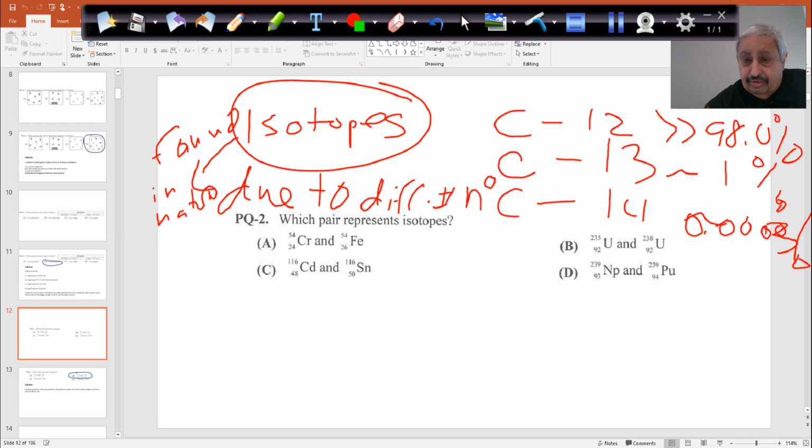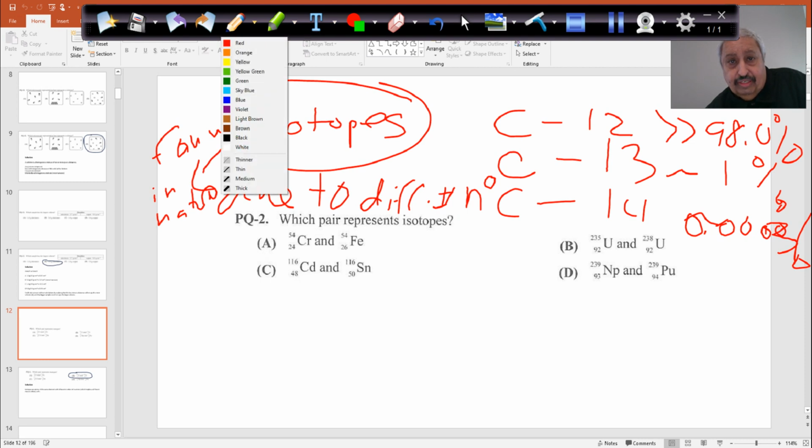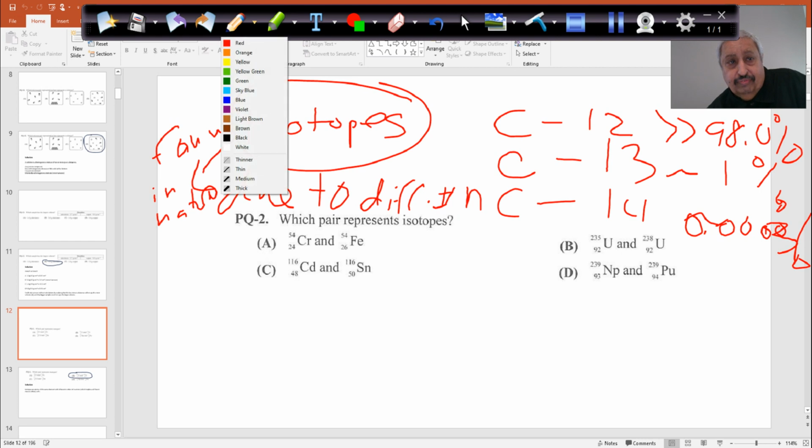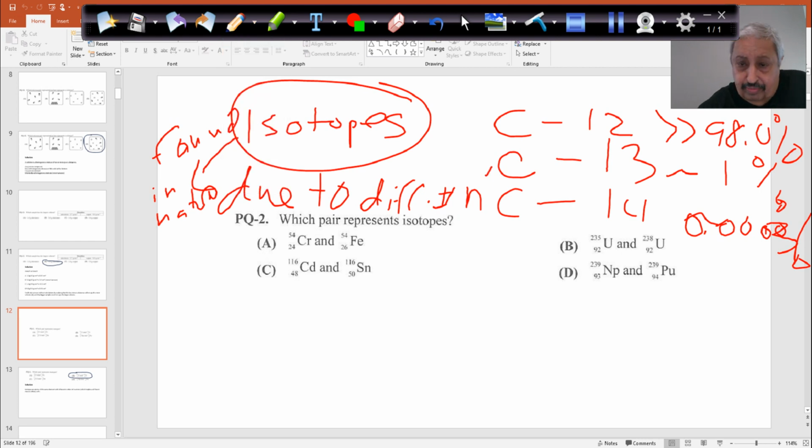The neutron has atomic mass, or mass number, of 1 and a charge, atomic number, of 0.